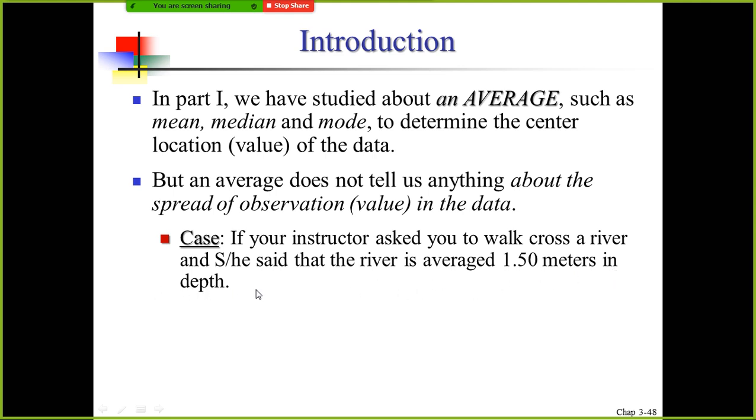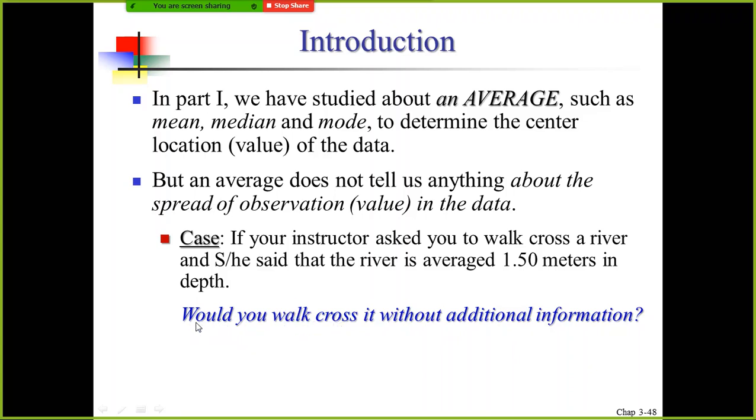If the average depth of this river is 1.5 meters, it means below our nose, so we can walk and we can breathe. Suppose that we don't know how to swim, so we cross this river by walking. Would you walk across the river without additional information? Why do you decide to walk, or why do you decide not to walk?